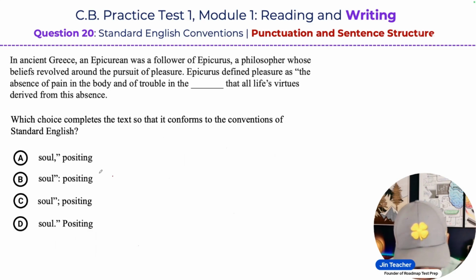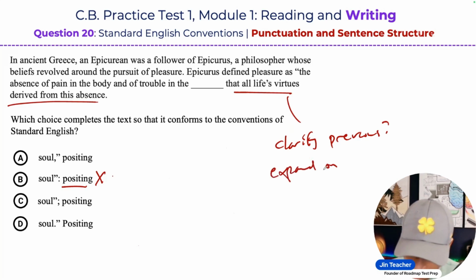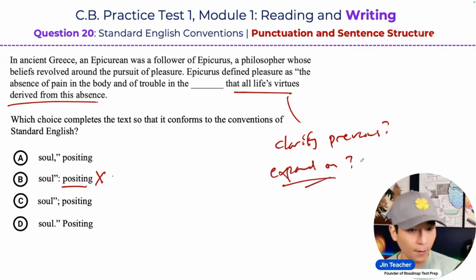So this is a hard question because a lot of students don't know this. But if you think about it, positing that all life's virtues derive from this absence, you've got to think to yourself, does this information clarify what was previously talked about, or does it just expand on it? Does it just build on it? And that's something you have to logically think about.